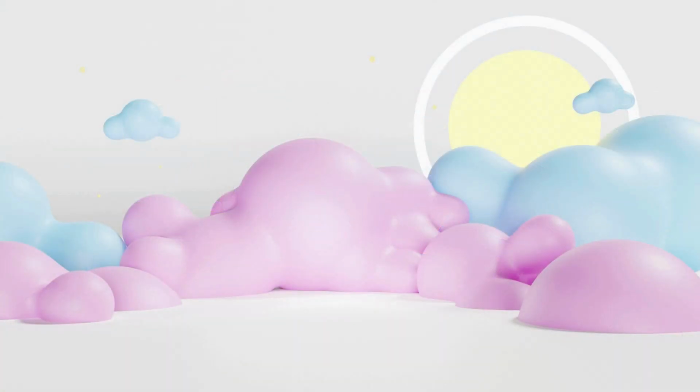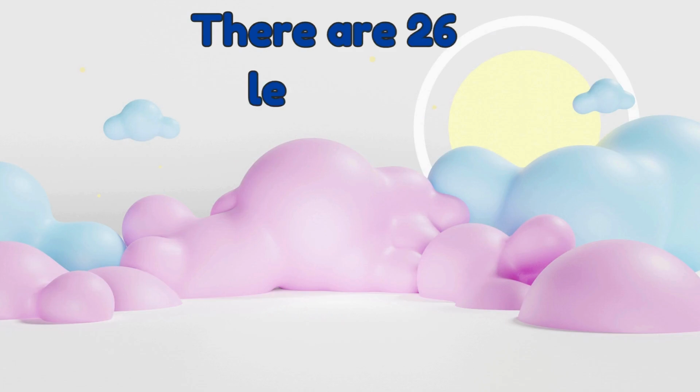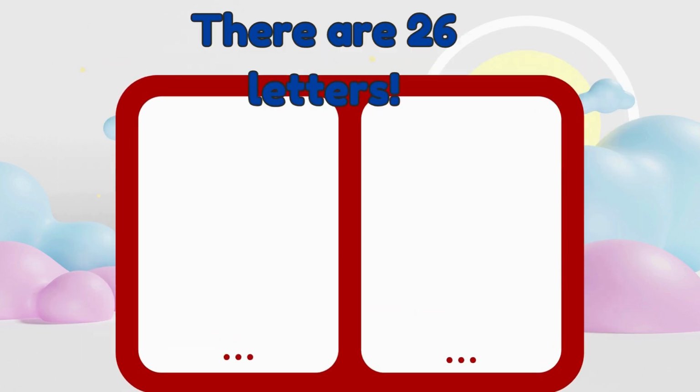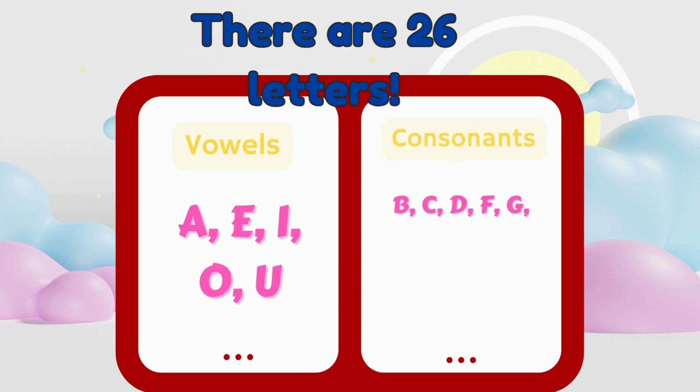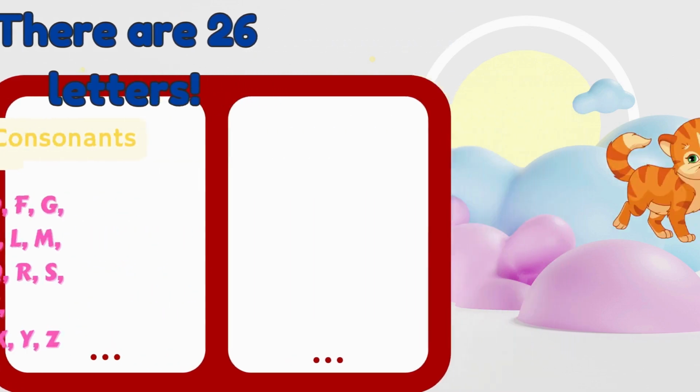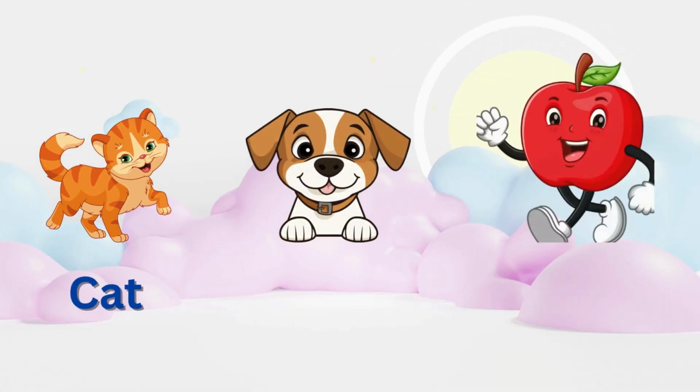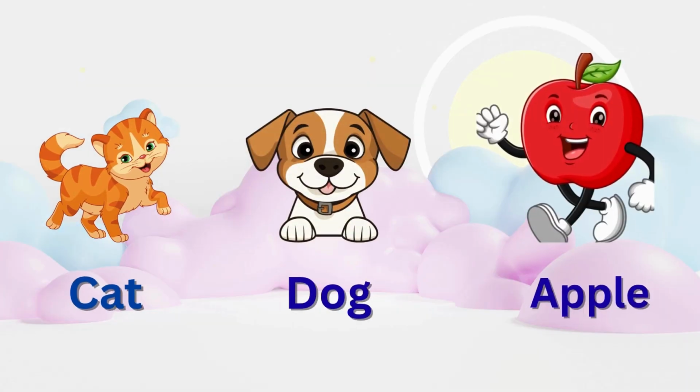Did you know there are 26 letters in the English alphabet? Some of them are called vowels and others are called consonants. Together, they help us make all the words we know, like cat, dog, apple.